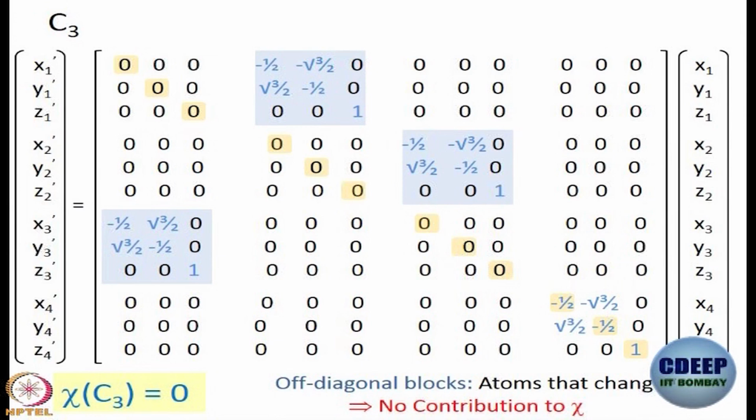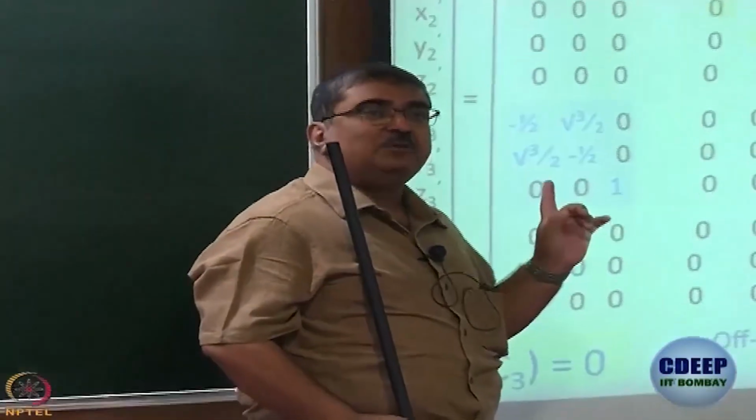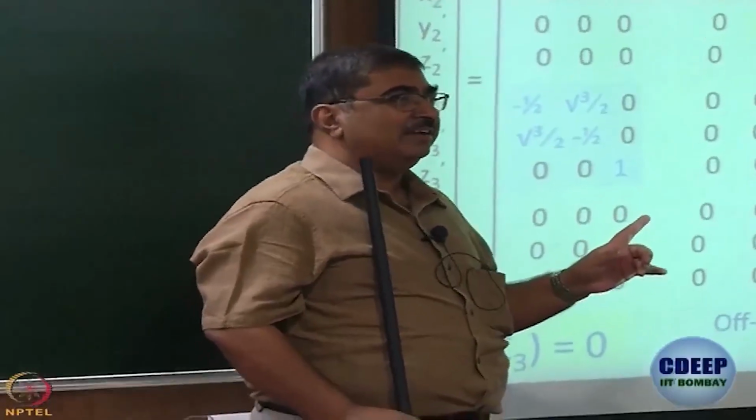This is very important, and to get this one matrix we have spent half an hour. Now we are going to get the other matrices in a matter of 2-3 minutes each. The important lesson is that the non-zero off diagonal blocks are for atoms that change places, and they do not contribute to chi.